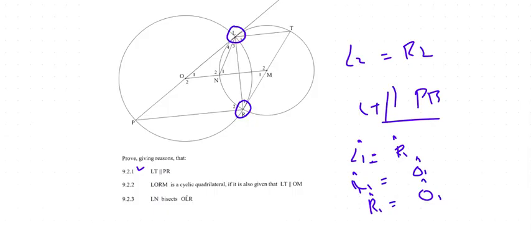What is the third question, 9.2.3? Prove that LN bisects angle OLR.